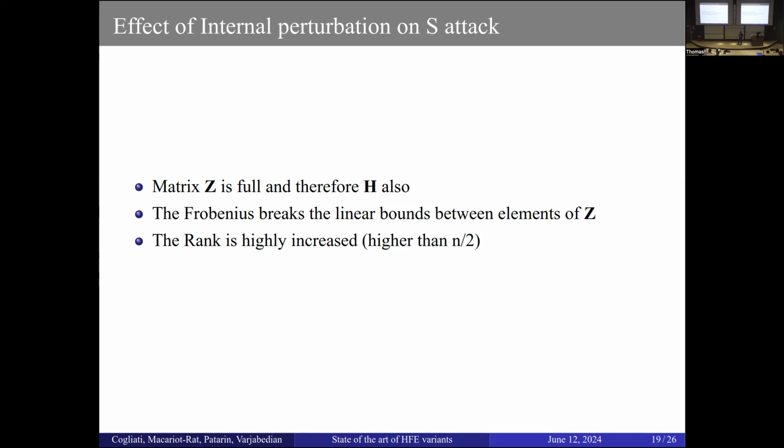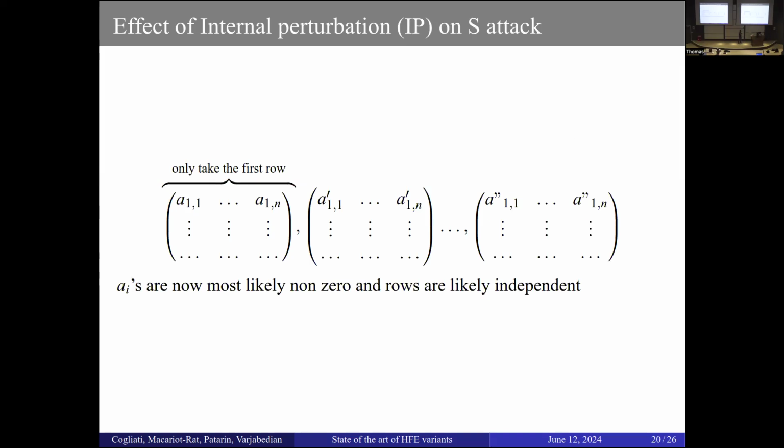We have no form of proof of that, but we have noticed that the rank is higher than n over 2, which is extremely sufficient to counter all attacks on S. So why is that so?